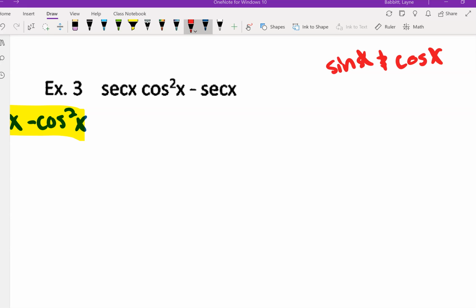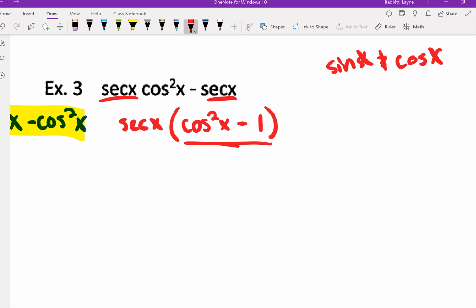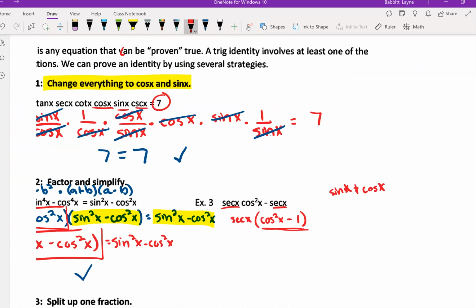The method we're using here is factoring. I'm going to factor out a GCF. In this case, the GCF is secant of x. When I divide out secant of x, I'm left with just cosine squared x minus 1. Okay. And then we want to simplify this. Well, where have we seen that before?